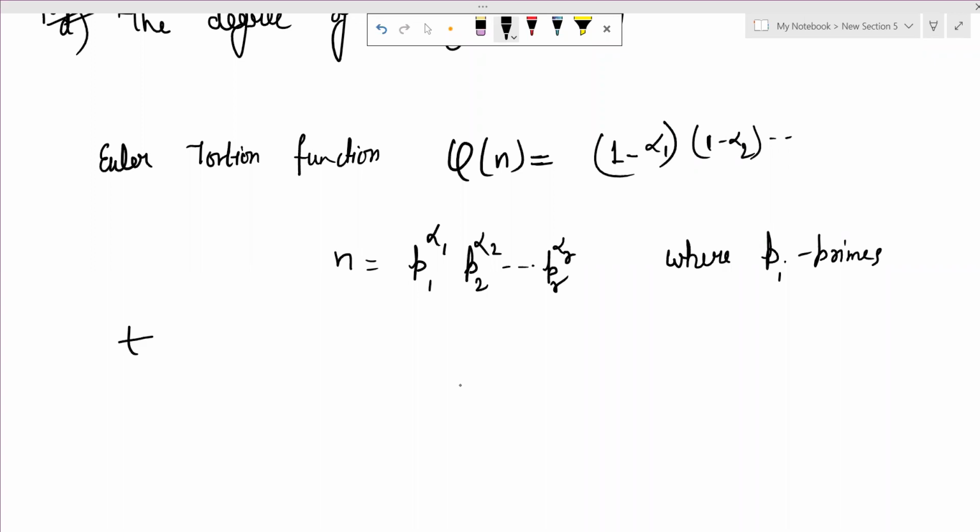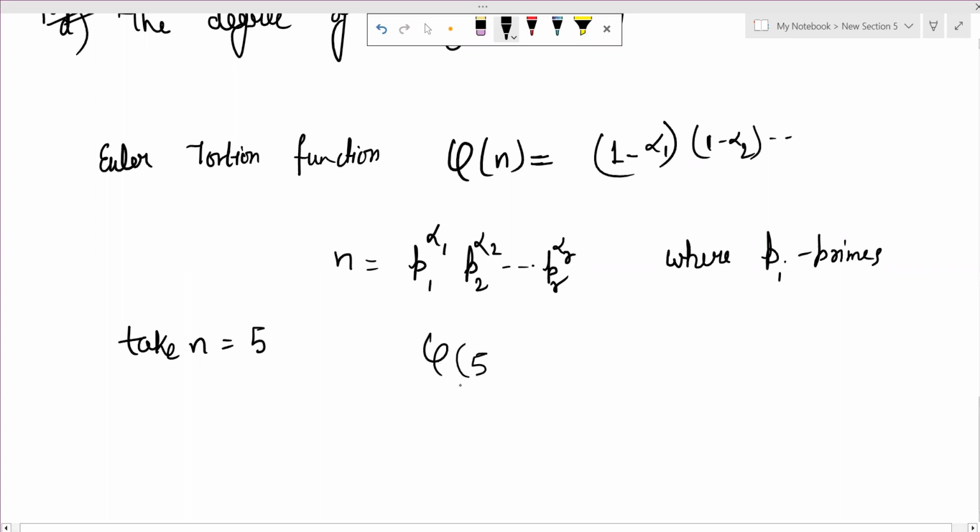Take n equals 5. It is already prime, right? So alpha 1 is 1 basically, and 1 minus 1 is 0. That means phi 5 is 0 according to your formula.